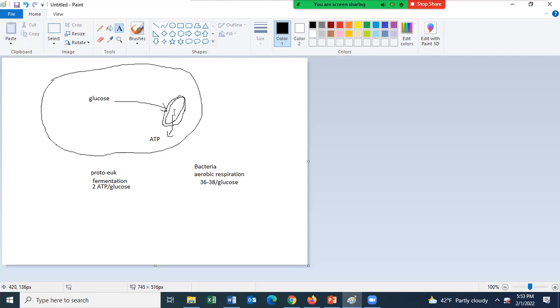The point is the bacteria released a lot of ATP, and the proto-eukaryote only lost 1 glucose. It said, geez, I lost 1 glucose, I can only get 2 ATP out of 1 glucose. And this bacteria took up the glucose and then released a whole lot of ATP for me. I'm going to keep this bacteria around because it's making me ATP more than I can make.